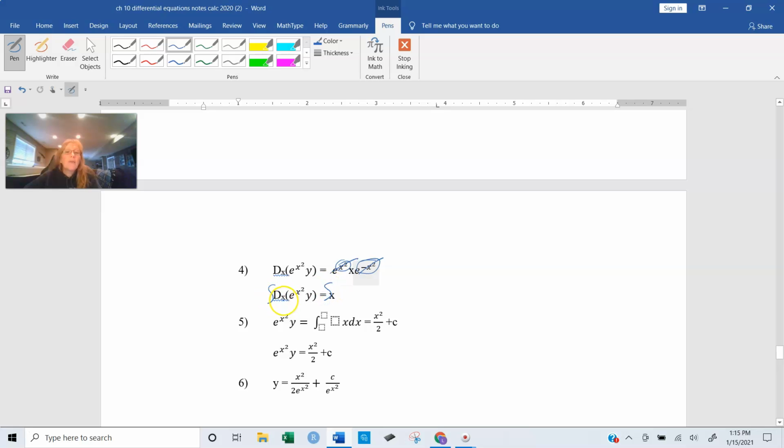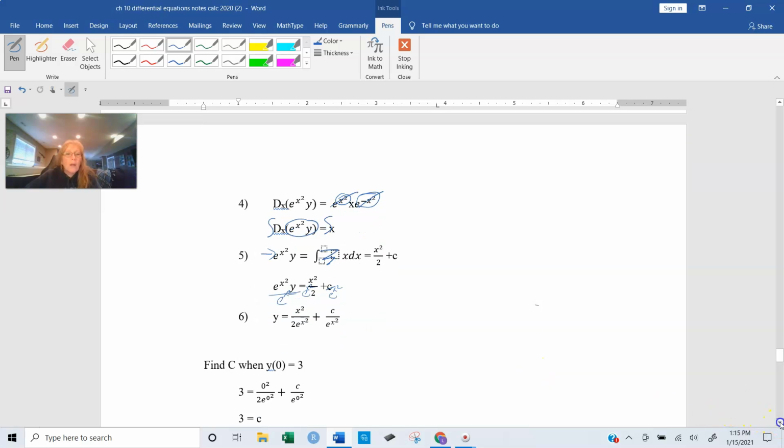Well, the antiderivative of the derivative is itself, right, because we're working backwards. Okay, now the antiderivative of x is x squared over 2 plus c. Should be good. So now we're at this equation. We have to solve for y. So we divide everybody by e to the x squared. And we've found our equation.